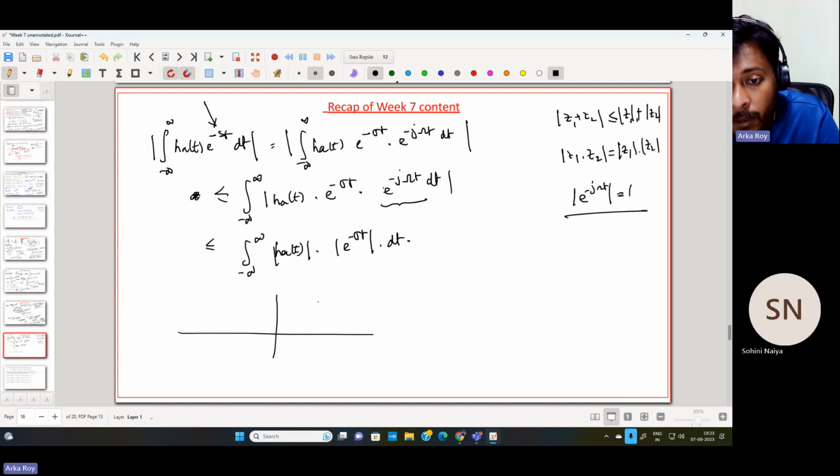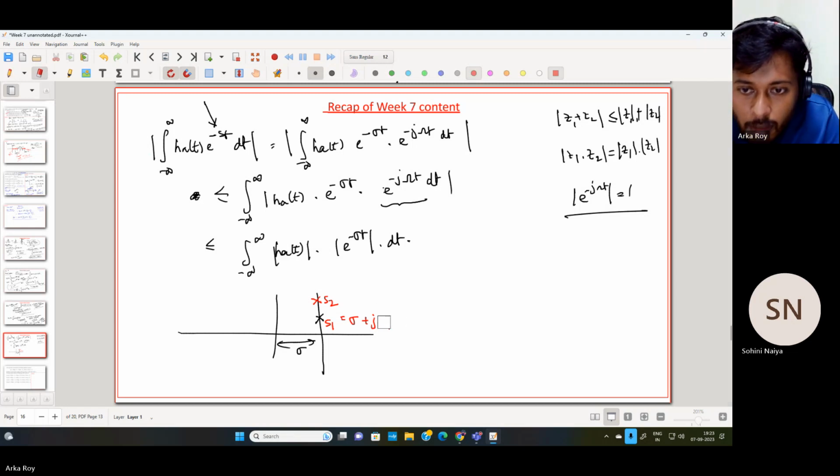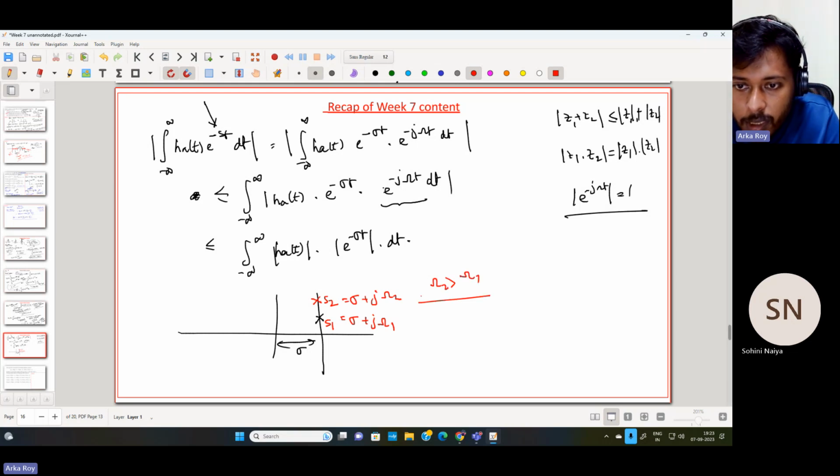So for example, here we have sigma, and let's take 2 points, S1 and S2. S1 is sigma plus j omega 1 and S2 is sigma plus j omega 2, and omega 2 is greater than omega 1, as can be seen visually.